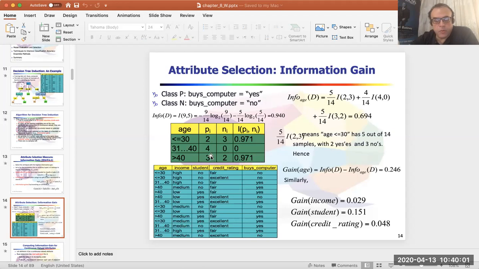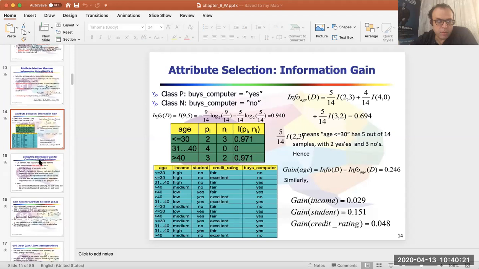I will be able to compute the probability and the gain of each element. Here I can have the gain of income, the gain of student, and the gain of credit rating, and in this way I should be able to compute how much each element contributes.